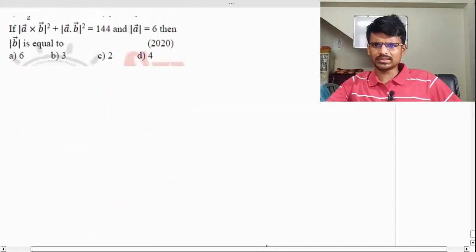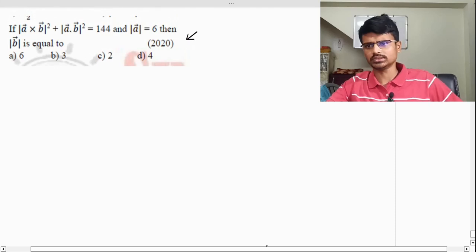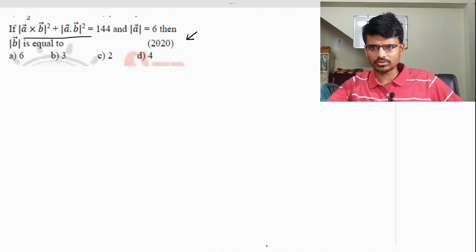This is a similar question to ones we solved. We have solved two questions similar to this, so I'll be doing this directly. This expression reduces to the product of the squares of the magnitudes. So what have I got?